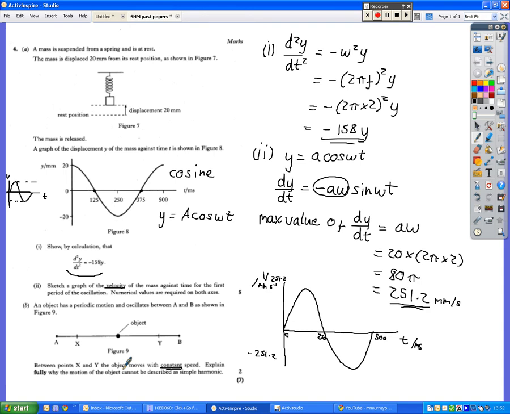So what you're really looking to say, well, if you look at your term that we've already got for velocity, it's a omega sine omega t. That shows you that velocity varies with time. So if velocity varies with time, it's not constant.